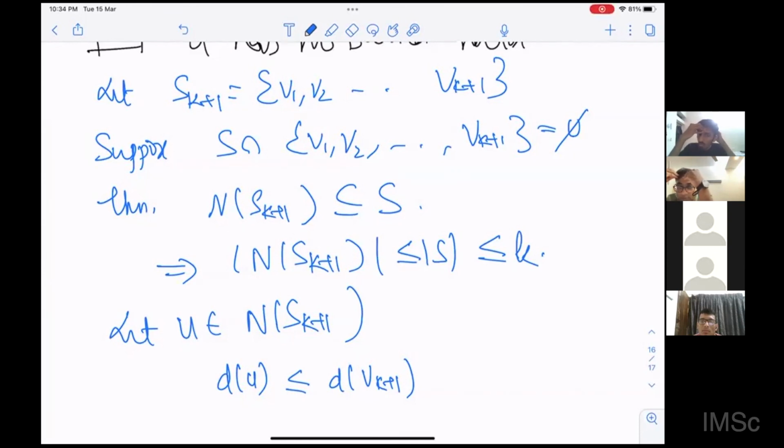Actually, sir, for any vertex cover... No, we are not going there, Soman. We have not reached there. Don't use things which you know. I'm building from very, very basic things.